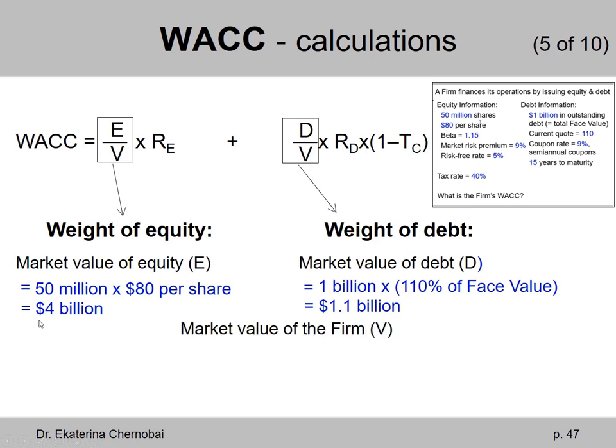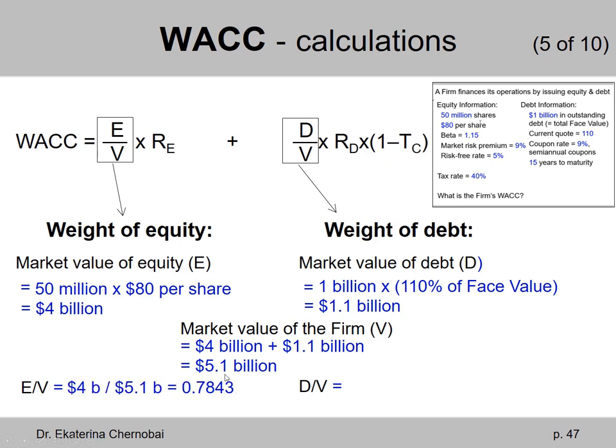The sum of the market values gives the market value of the firm. 4 billion plus 1.1 billion equals 5.1 billion. Then we can calculate the weights. The weight of equity is 4 billion divided by 5.1 billion, which gives 0.7843 or 78.43%.